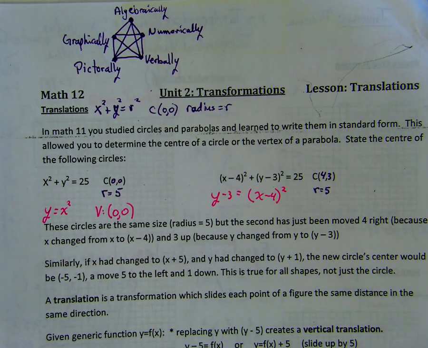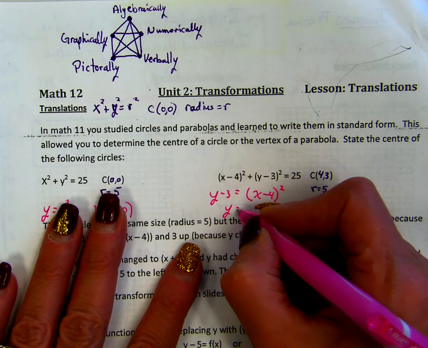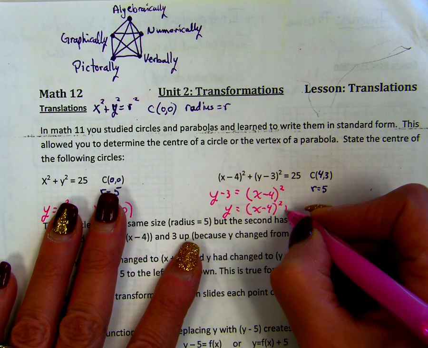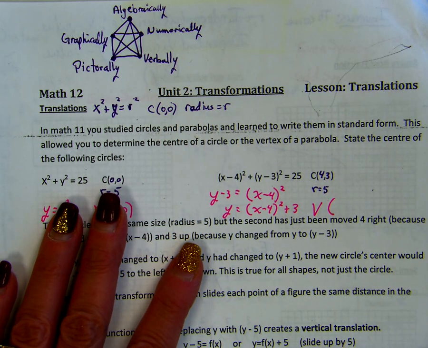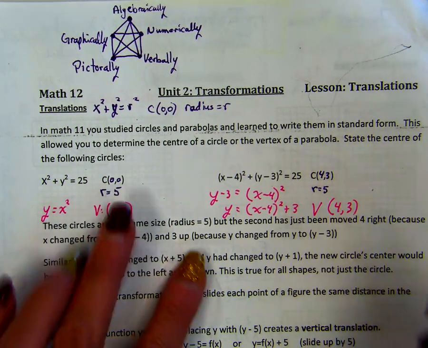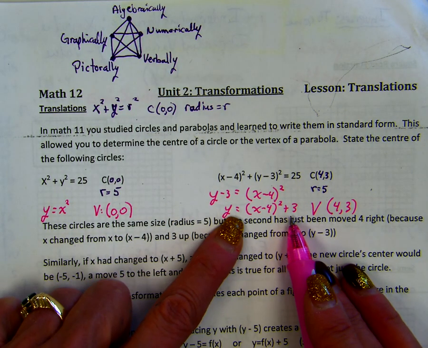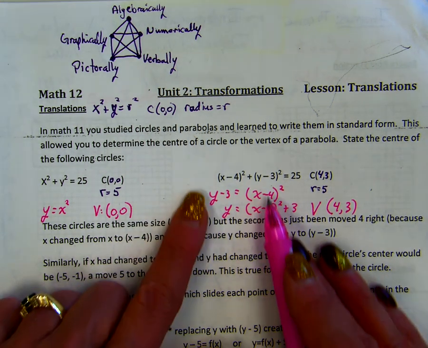And I asked you to write that in standard form, then you would move the 3 over and say this, y is equal to (x minus 4) all squared plus 3. Tell me where the vertex is. At 4, 3. So notice this has a vertex at 4, 3, and this has a vertex at 4, 3. These are the same equation.